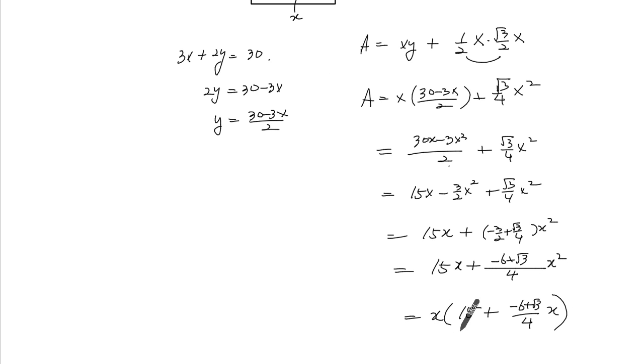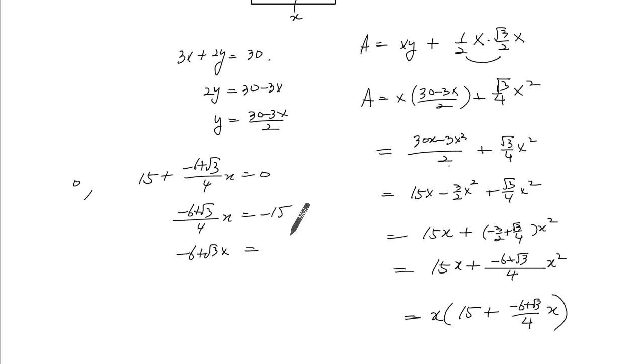So from this, because it's nicely factored, you get the roots: 0, and for the other one, let's set the 15 plus (minus 6 plus root 3) over 4 x equal to 0, bring the 15 over. Minus 6 plus root 3, times x, is equal to minus 60.